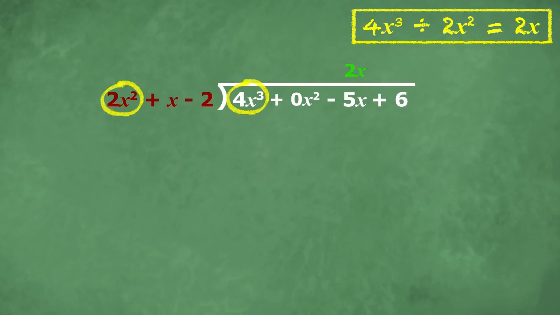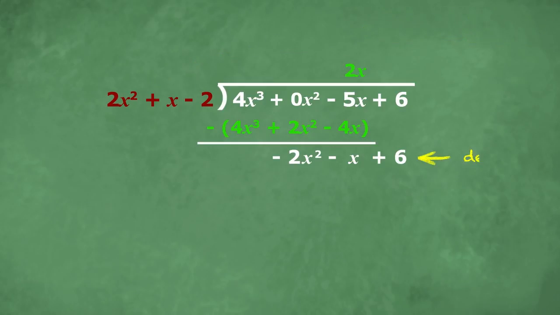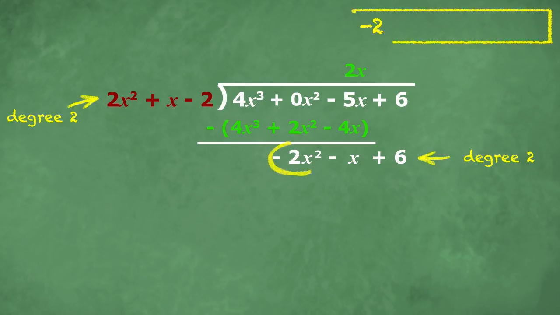We write 2x above the dividend and multiply the divisor to obtain 4x cubed plus 2x squared minus 4x. We subtract this product from the dividend and write the answer in the next line. This is a degree 2 polynomial, same as that of the divisor, so we can continue with the long division. Notice that negative 2x squared divided by 2x squared is negative 1.